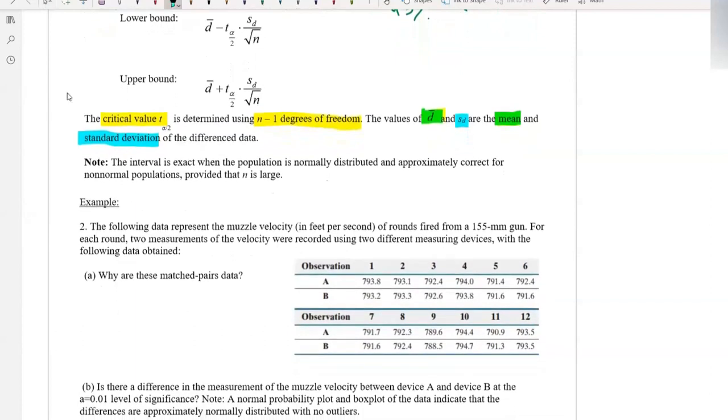Here we have this note that the interval is exact when the population is normally distributed and approximately correct for non-normal populations. But the point is that we should have a large sample size. So if your population was not originally normally distributed, as always, you should have a large sample size.